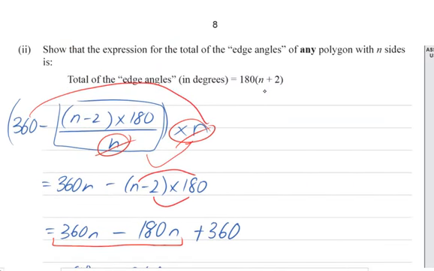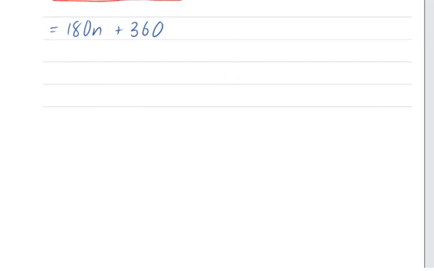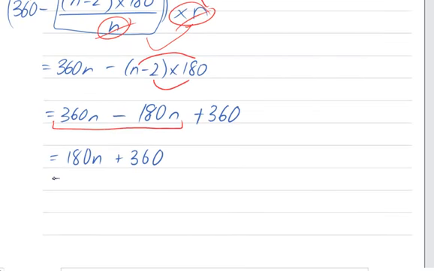The question wants us to write something with brackets in it. So I need to put this answer into brackets. What's the common factor here? 180. So 180 times n plus 2 gives us 180n plus 360. And that's what the question wanted us to show.